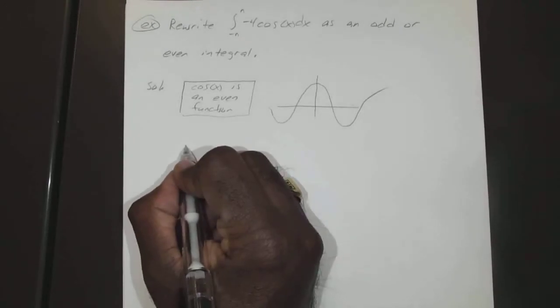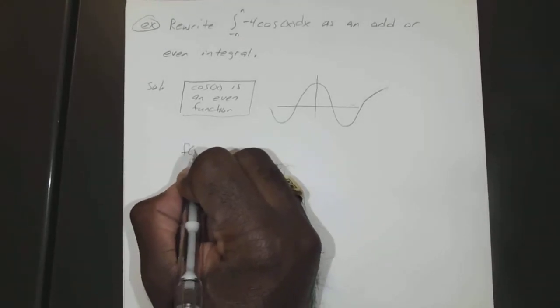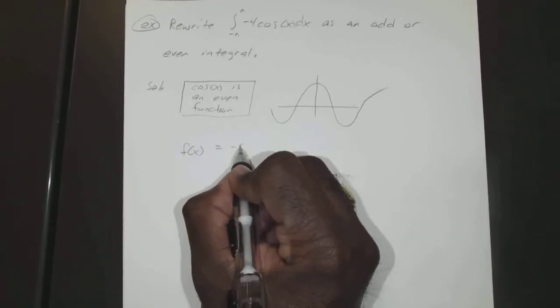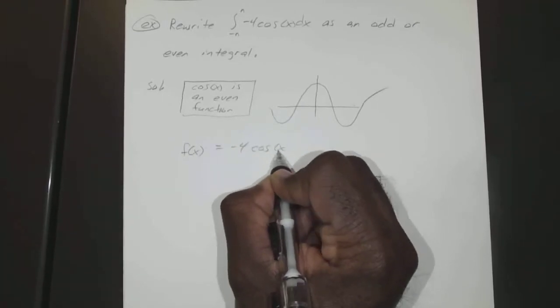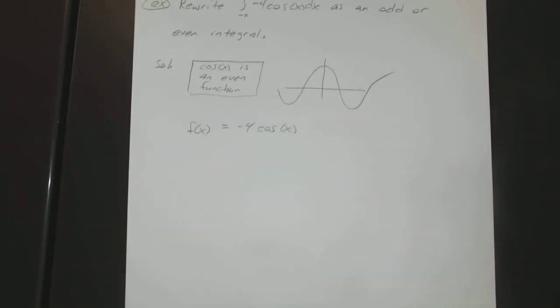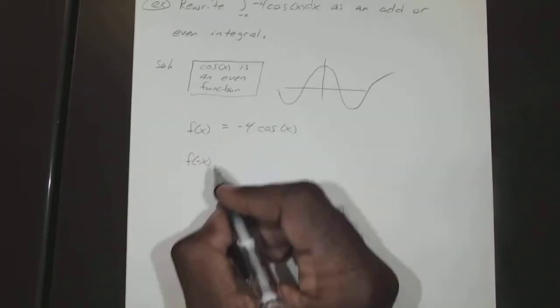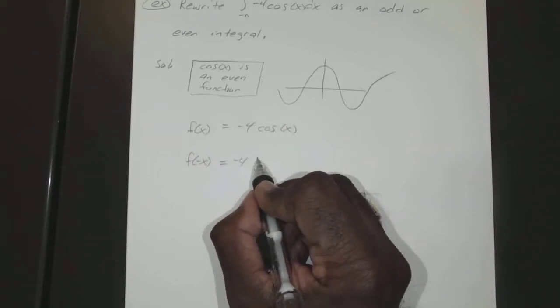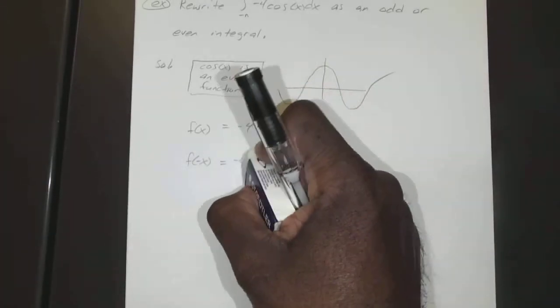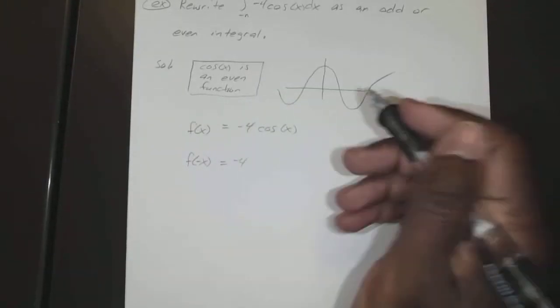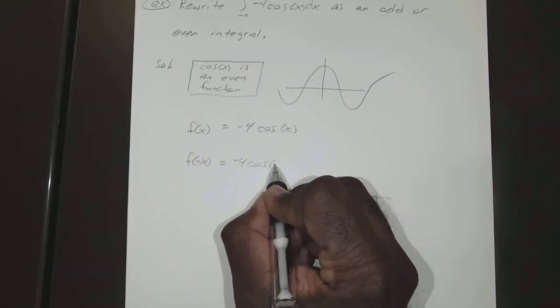Okay. So if we have f of x equals negative 4 cosine of x, then our f of negative x is going to equal negative 4 times cosine of negative x.